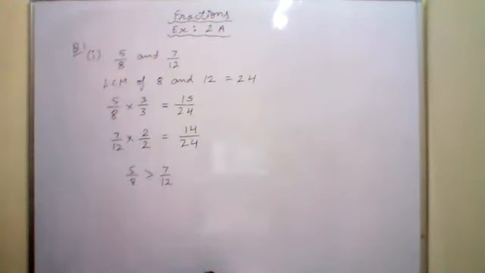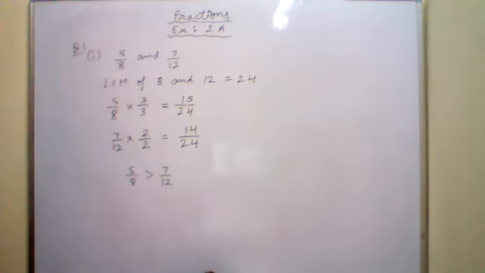Have you all done the second part? Okay, let us start doing the first part of question 2. The answer of the second part is 11 upon 15 is greater than 5 upon 9. Second part का आंसर चेक कर लीजिए.